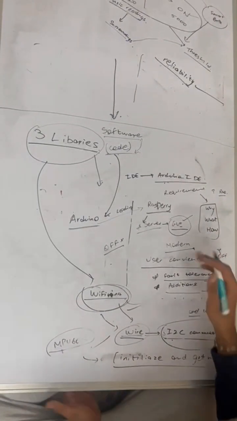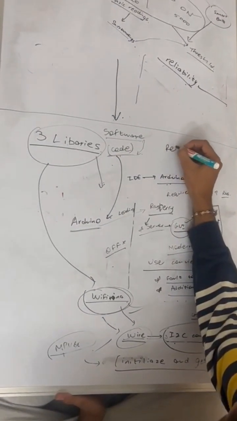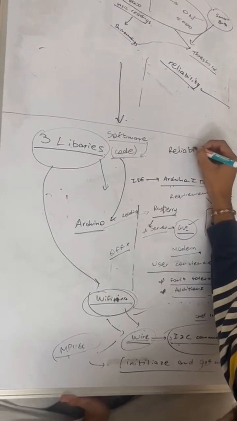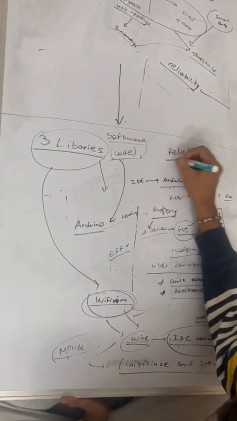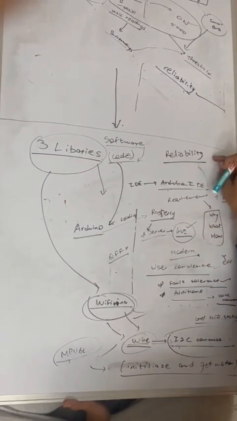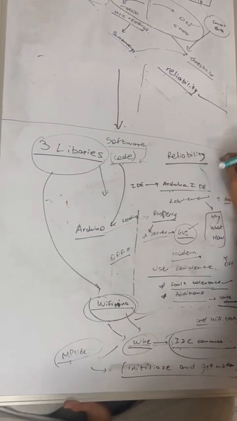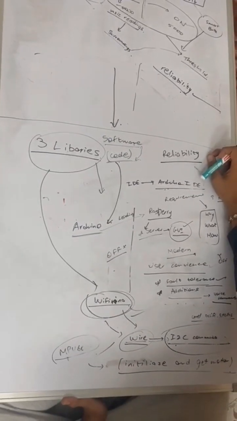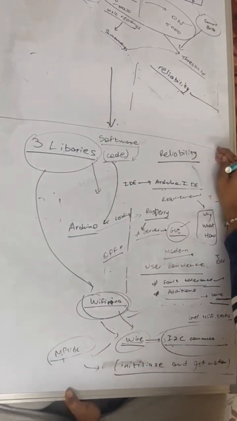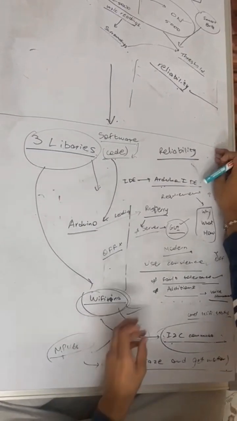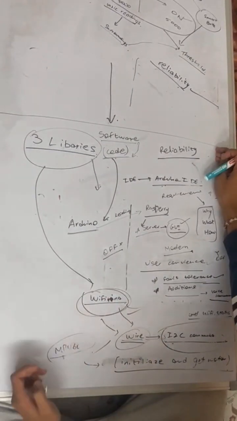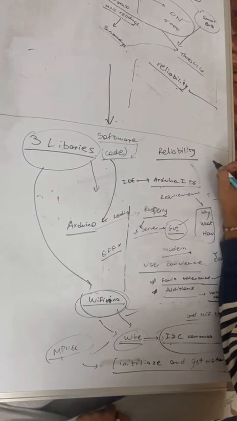The basic thing that we need is reliability. That is the most important thing, because we are targeting the people who have mobility issues or who are differently abled, those people who cannot walk, or who have issues to just get up and switch off the bulb or switch on the bulb. We are making this for them.